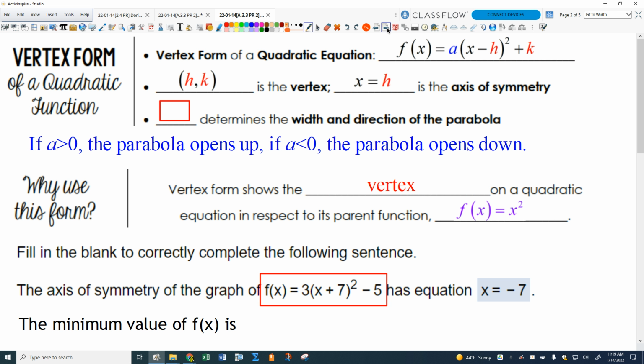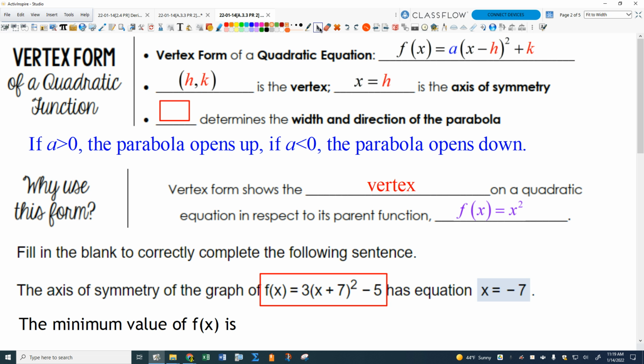The parent graph is just f of x or y equals x squared. Just like before, the ordered pair h, k represents the coordinates of the vertex. The axis of symmetry is still the vertical line that splits the parabola in two equal parts, and it's going to be x equals h for any function that has a vertex.